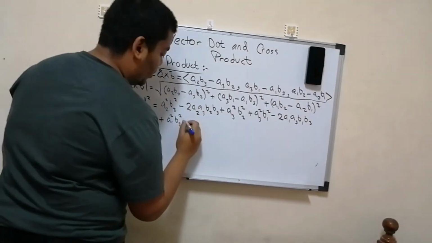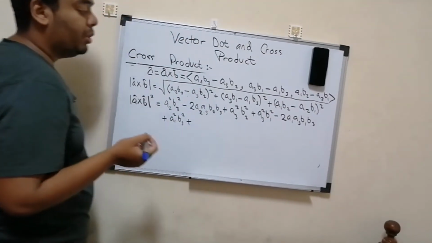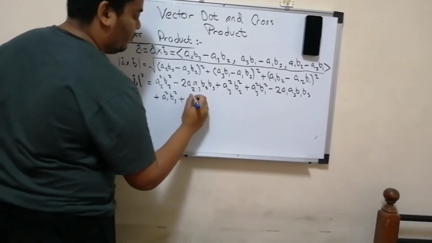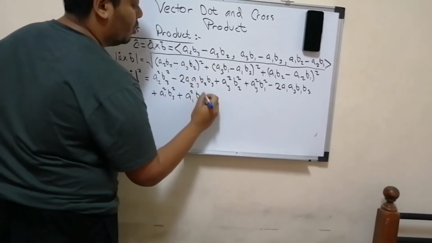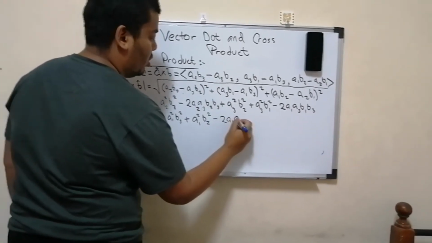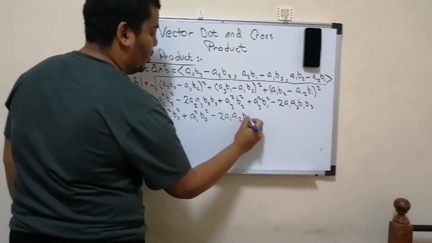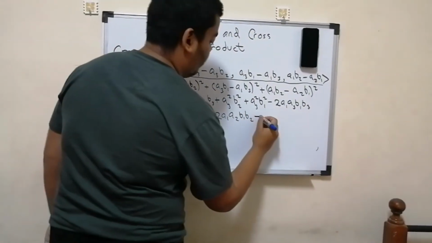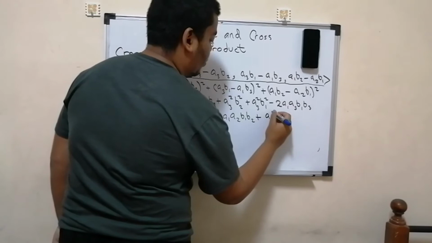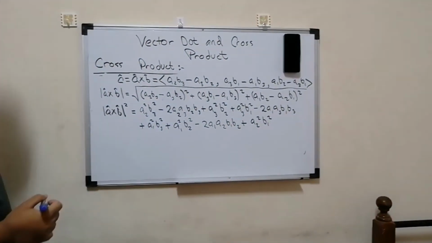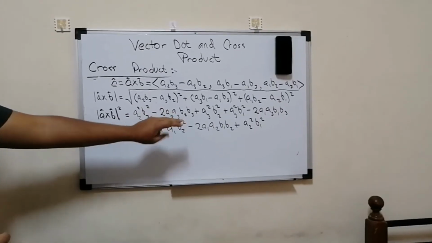Then the last term remains the same. We use the a minus b whole square formula again and get A1 square B2 square minus 2 A1 A2 B1 B2 plus A2 square B1 square. Yes, so now we have this expression.